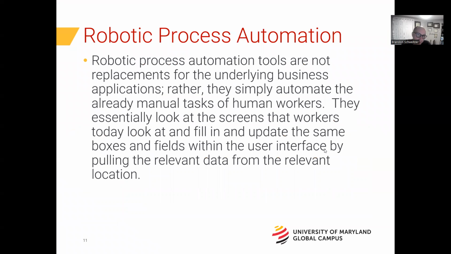So, robotic process automation is not a replacement for the human element, but is rather a way to help automate the human task of redundancy. And we can see robotic process automation in place where it helps to save time and money.